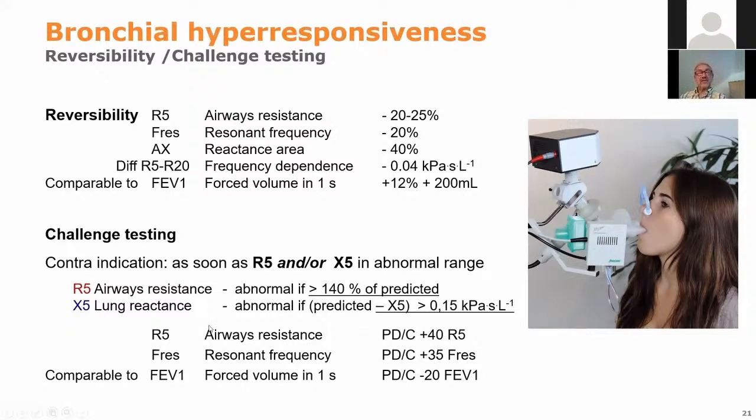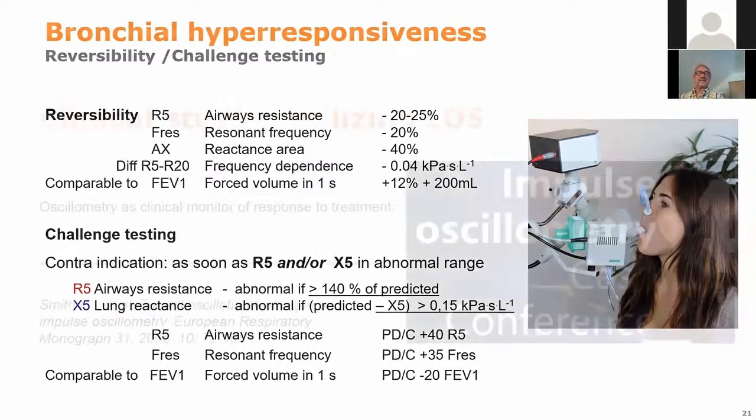And also threshold values for challenge testing. That means there are not only graphical signs, but also fixed threshold values, proven in a lot of studies, to determine the degree of reversibility or the degree of hyperresponsiveness.